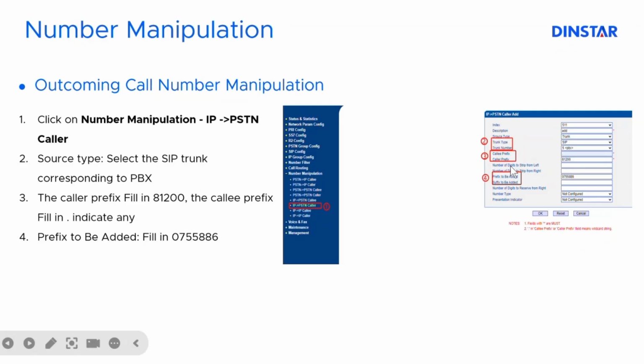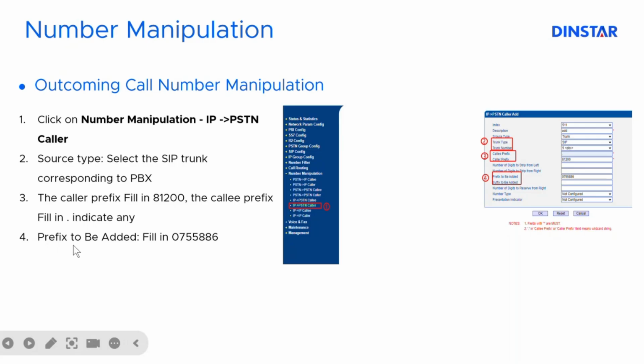And we also need to fill in the calling prefix. We don't have any restrictions on the calling prefix, right? In the PBX or in the enterprise, everyone can dial every number, so we don't need restrictions on the calling prefix. So we just fill in the dot and it indicates any.